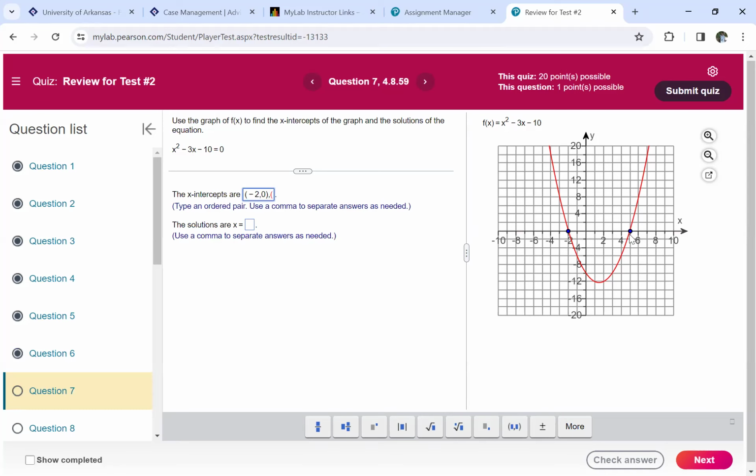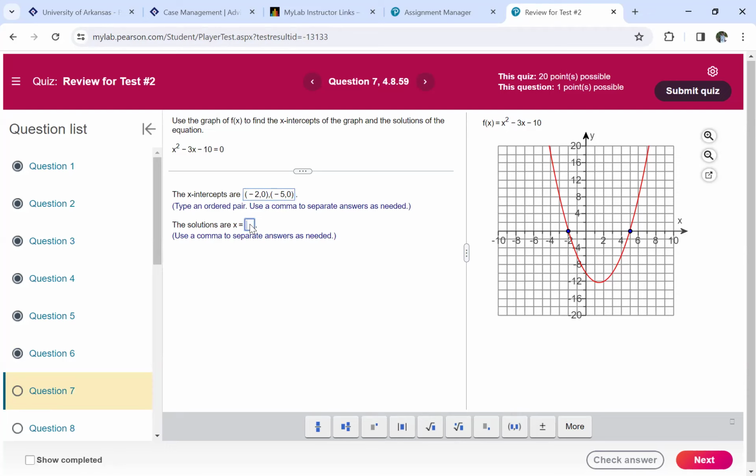All right, y'all. So I'm looking at the second black dot over there. And let me see. That looks like it's crossing at -5. So that one would be -5, comma, 0. And then close your parentheses. Now the x-intercepts, they're telling you it's got to be an ordered pair on those.